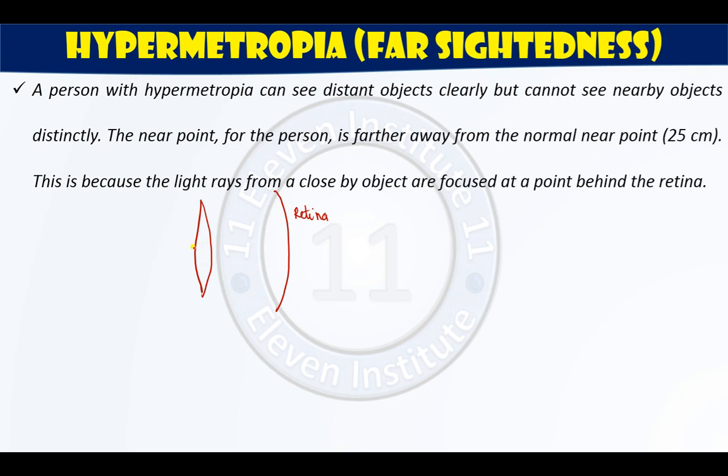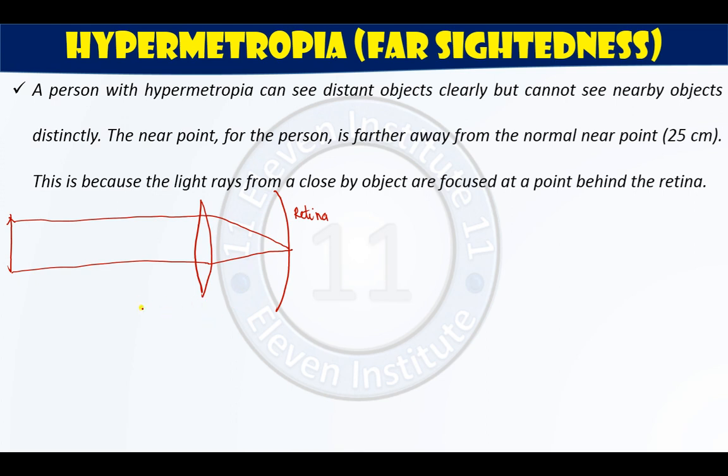And this is our eye lens. And suppose we are observing a far object. So now rays come from this far object and they get focused on the retina, and we get a sharp image. We get a sharp image. There is no problem. Right?